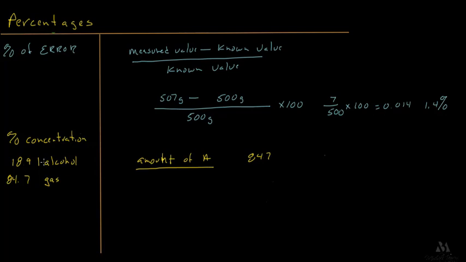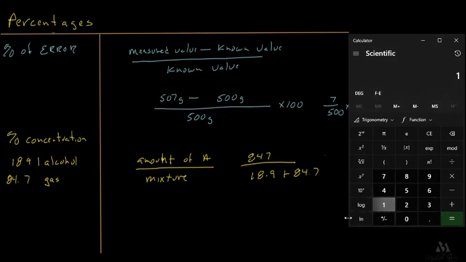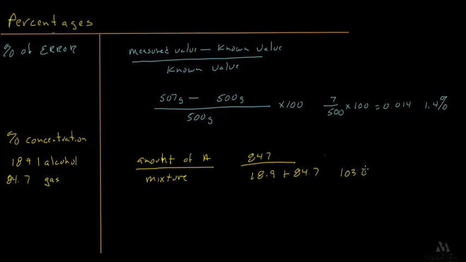That's going to be over the total amount of the mixture, and for us, that is going to be 18.9 plus our 84.7. So 18.9 plus 84.7 is 103.6.